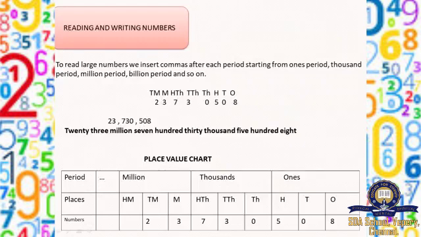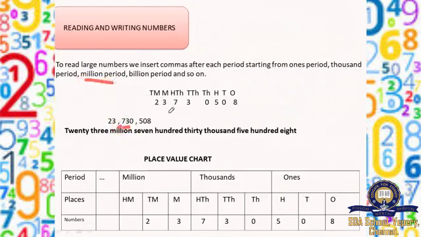So now we will insert the commas. While inserting commas, we have to start from the ones period. Ones, tens, and hundreds together is called ones period. So we will insert a comma here. Next is the thousand period. 1,000, 10,000, 100,000 together is called the thousand period. So after thousand period, we will insert a comma.